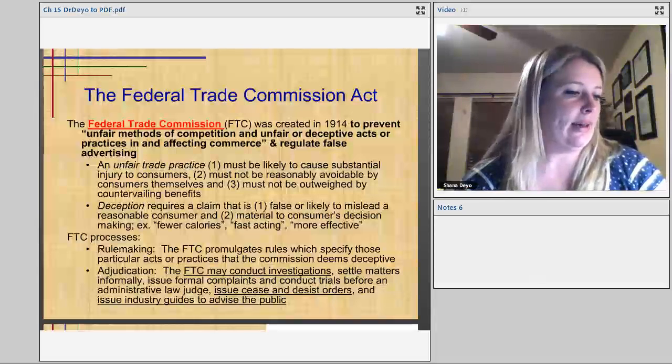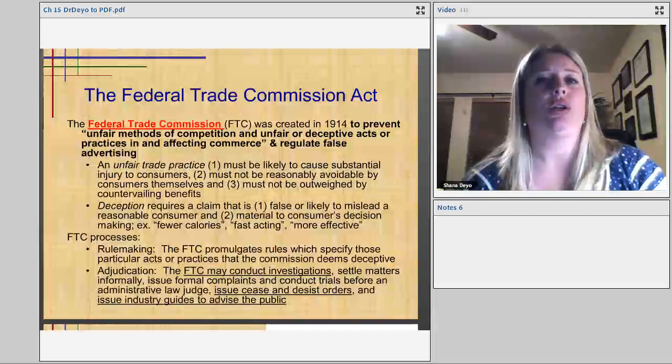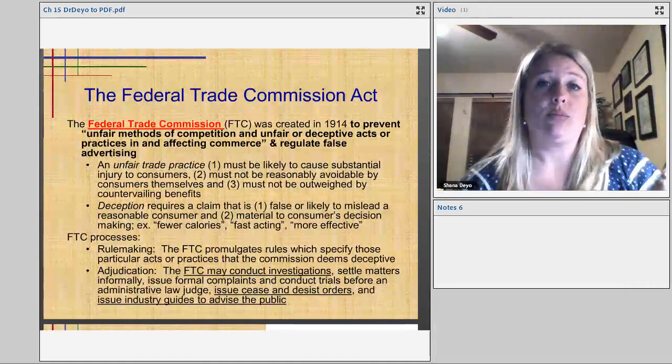So let's say that there's a specific kind of orange juice that says 50% less sugar than all other orange juices, or 50% less calories than all other orange juices. For them to say that on the label, that has to be true.